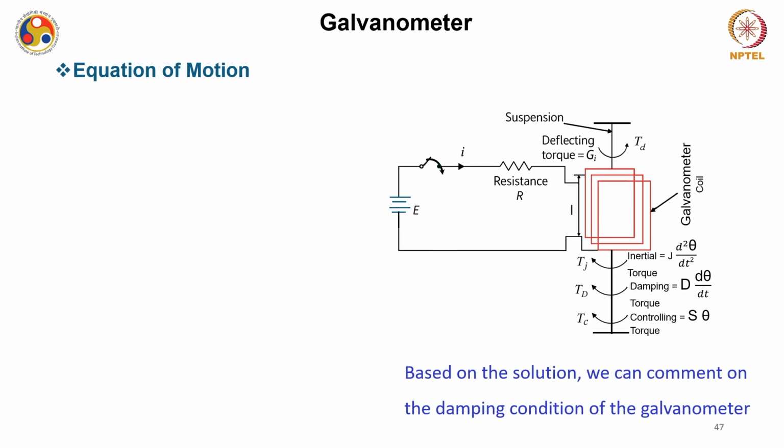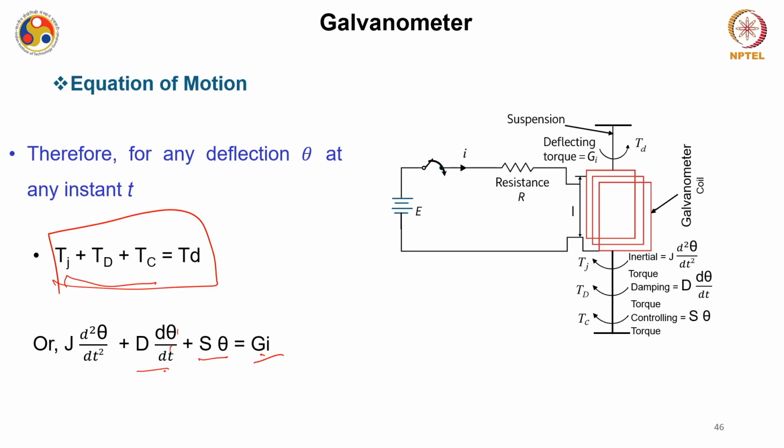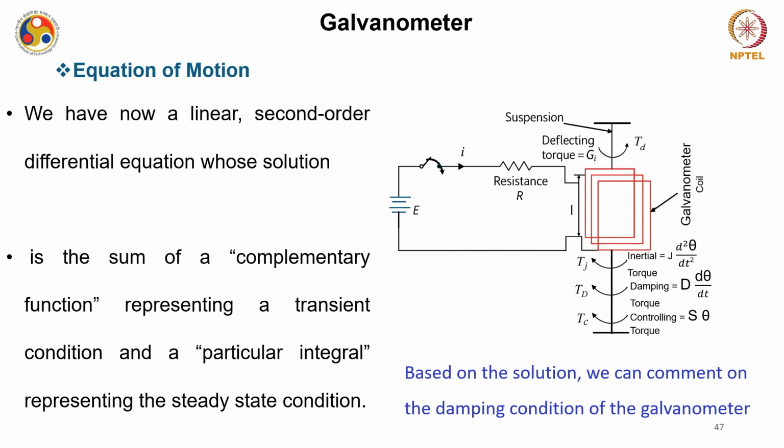If you see, this is a second order equation, a linear second order differential equation, and if you try to solve this, the solution is the sum of a complementary function representing a transient condition and a particular integral representing the steady state condition, and based on the solution you can comment on the damping condition of the galvanometer.